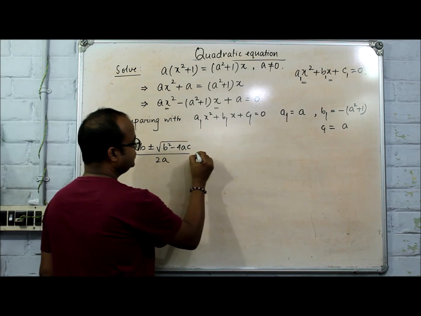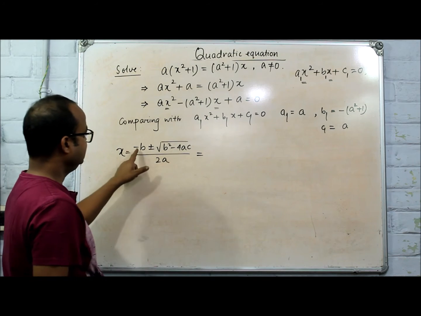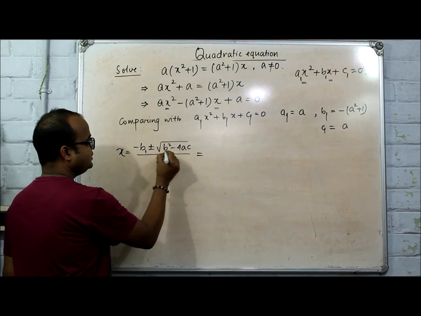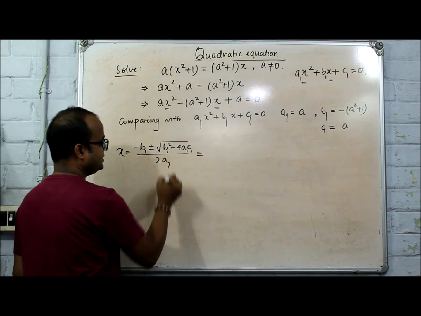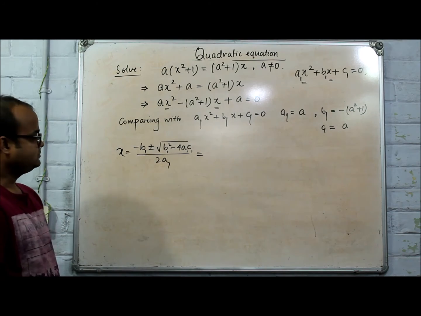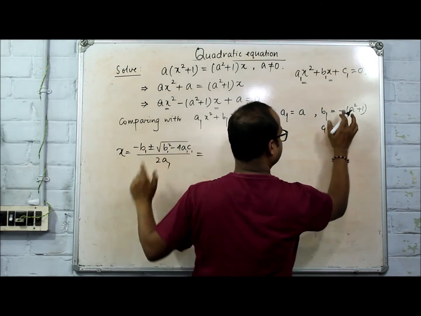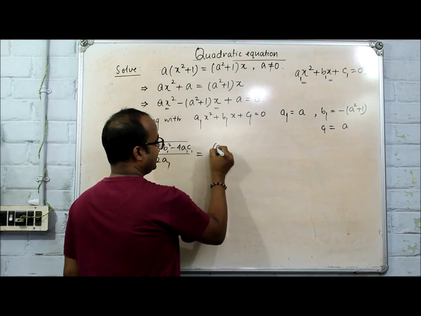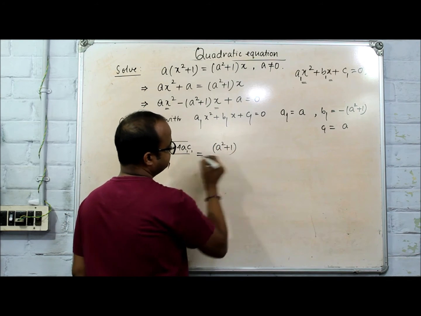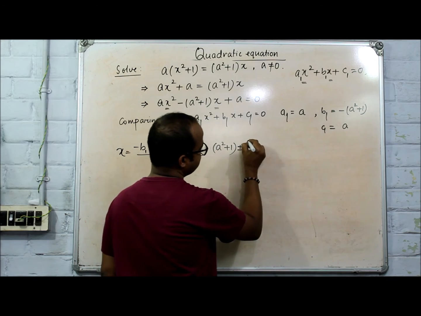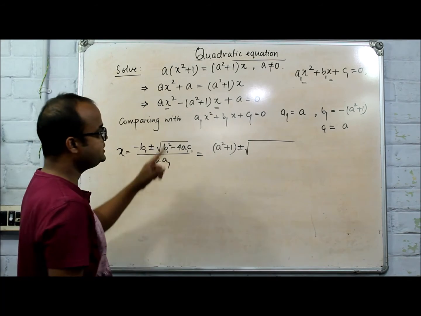So this is equal to minus of b. We are using b1, a1, so I am writing this in the same notation. So minus of b1, so minus of minus a square plus 1, plus minus square root of b square.